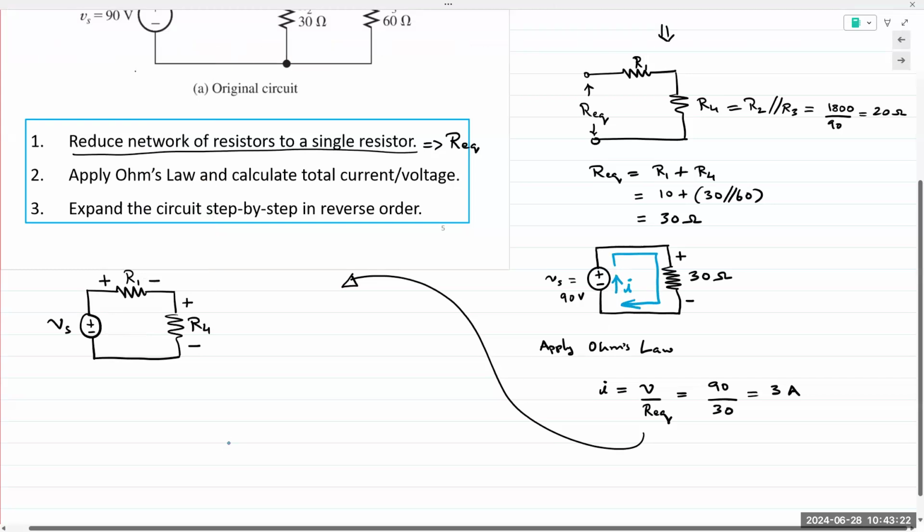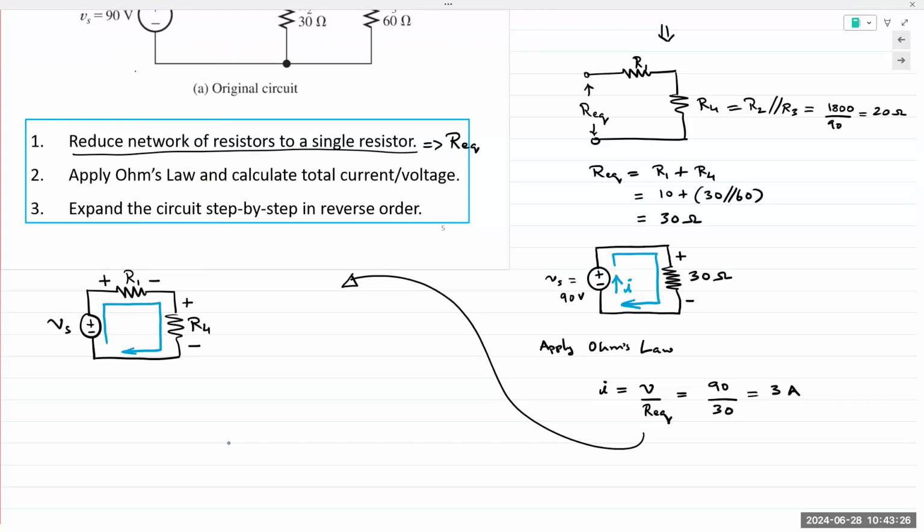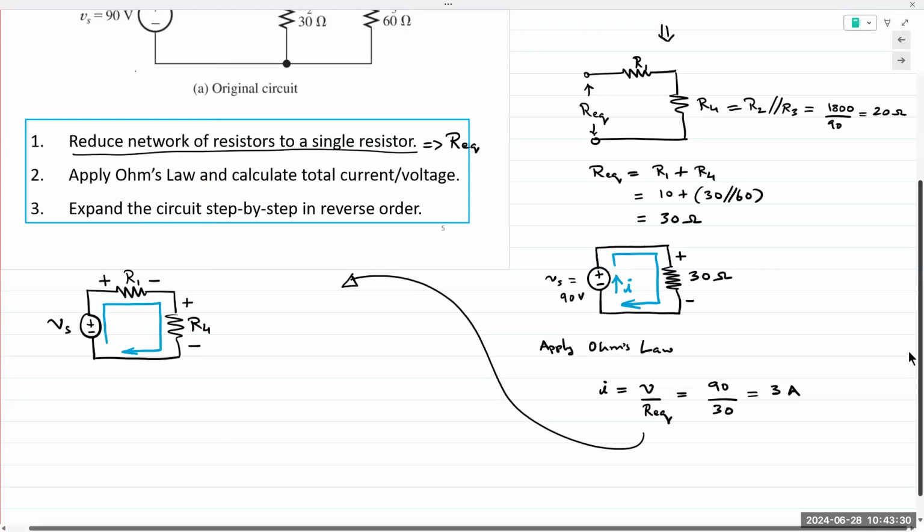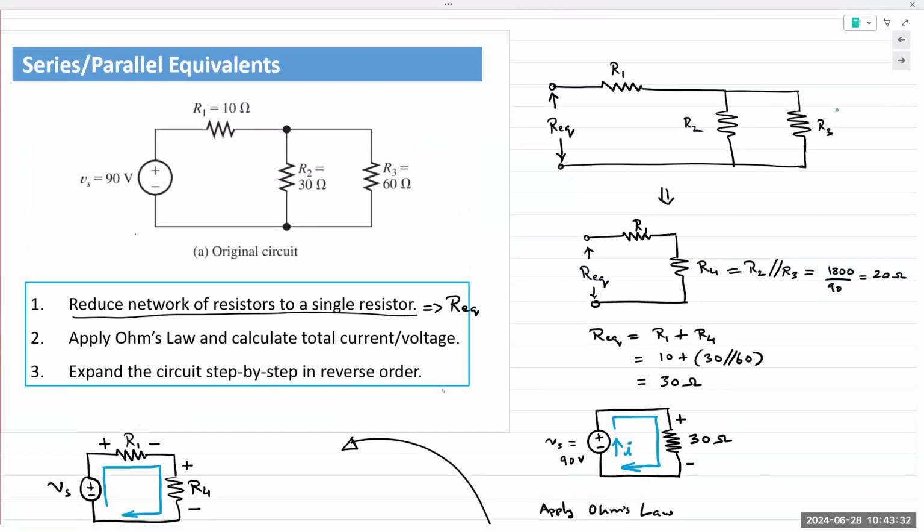Yes. Oh, so the reverse order, as in this was step 1, removing the source. This was step 2. This was step, actually, you know what? Let's not do 1, 2, 3. A, B, C. And now reverse order would be going from C to B to A.